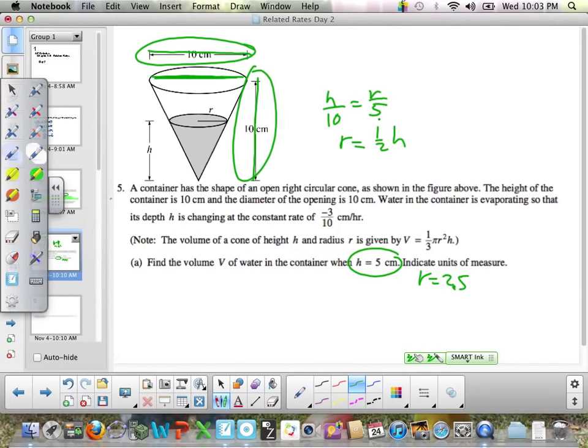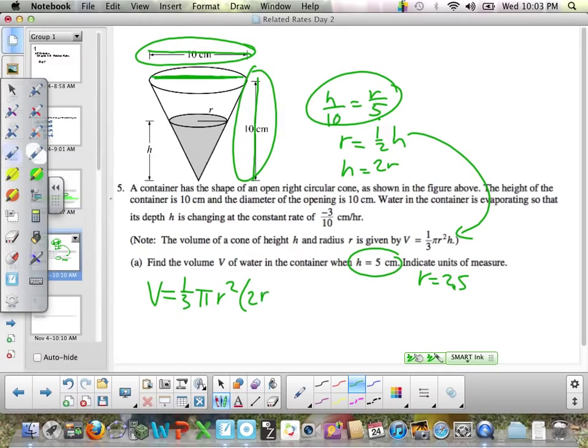All right? Now what we could do is we could take this ratio and plug that right into there so we don't have so many variables. In fact, that's what I'm going to recommend us doing. Except I think h equals 2r is easier to do. So I'm going to plug h equals 2r in. So volume equals 1/3 pi r squared times 2r.